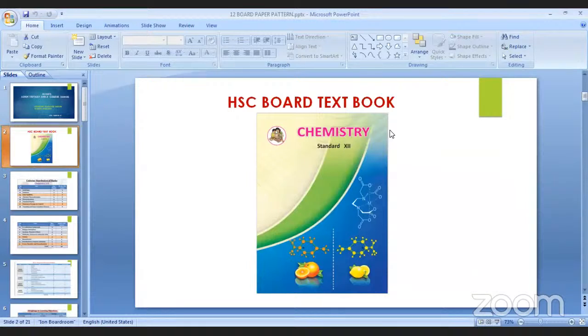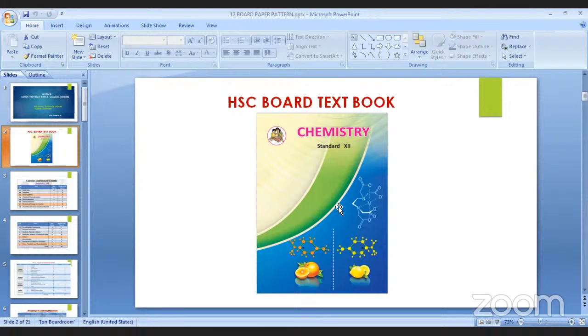If you have not opened your book yet, first of all you should understand what our textbook is. I am showing this front page because the person who sets the paper, the person who checks the paper, the moderator, the chief moderator, all of them use only this textbook, and whatever data is present in this textbook is very important.